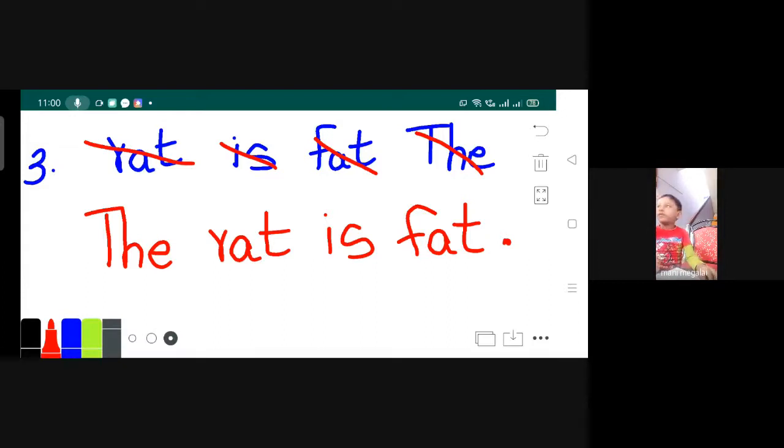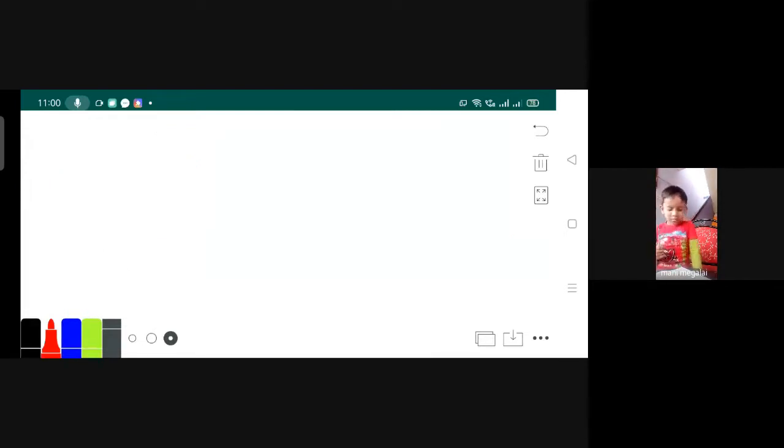Finished? Look at the spacing also, children. After the, I've given some space. And then after rat also I've given some space. After is. So look to the spacing also. Will you write like this, children?